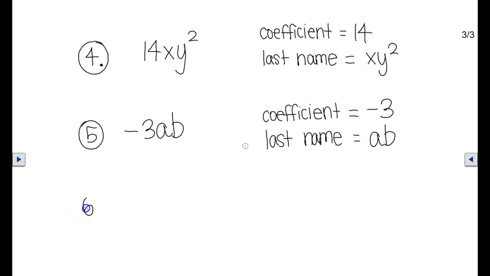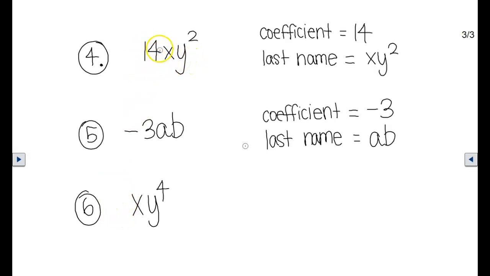All right, now, I want you to look at this one. When you look at this term, you may be sitting here thinking, wait a minute, that's missing something. You may be thinking that's missing the number part, because when you look at the front of the problem, you don't see a number sitting there like you did up here.